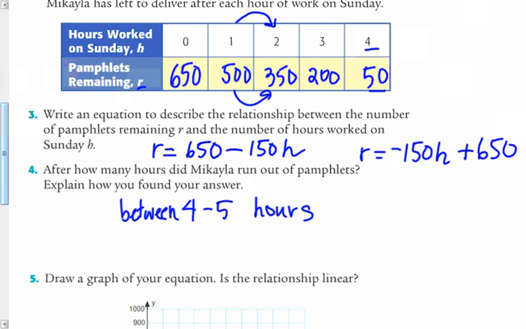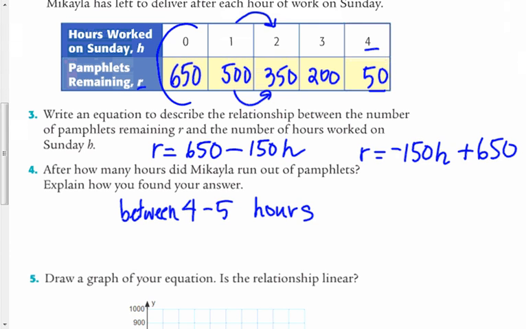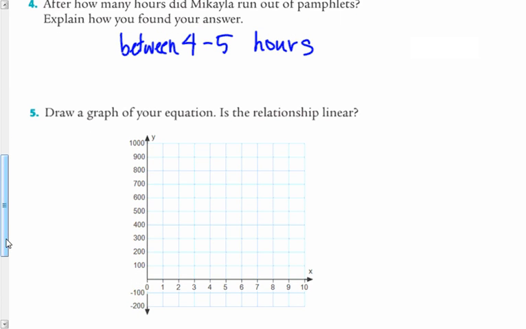All right, and then it says draw a graph of this relationship. We're just going to take these points and graph them. First point is 0, 650, and that would be right here. The second point is 1, 500, that would be here. 2, 350, 3, 200, 4, 50, 5.